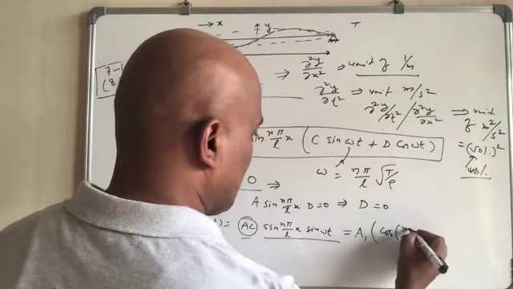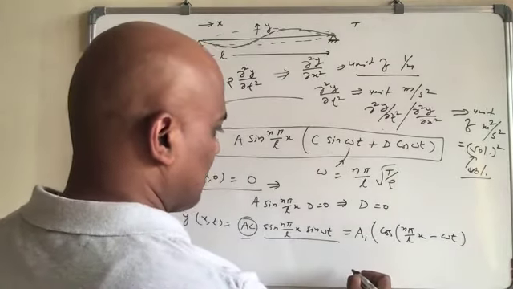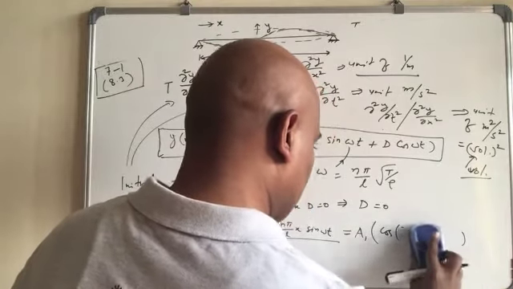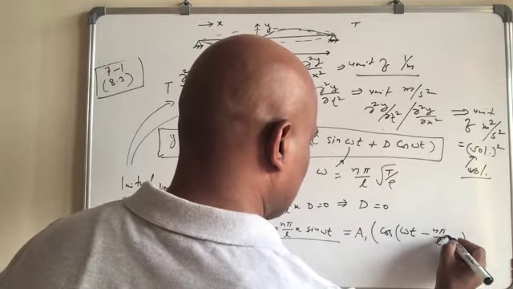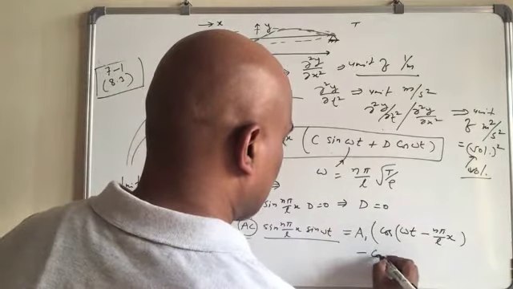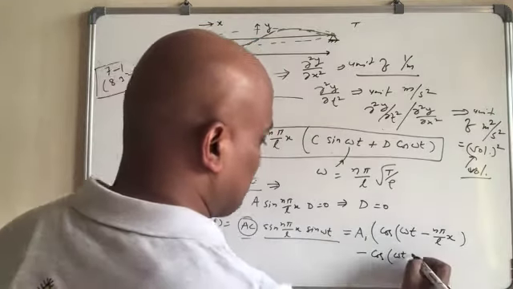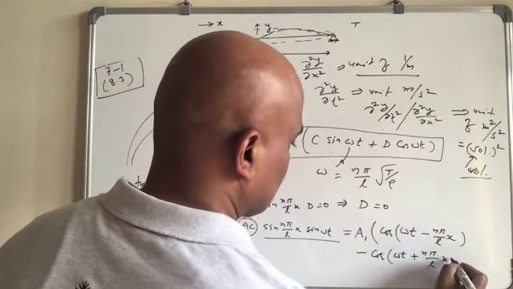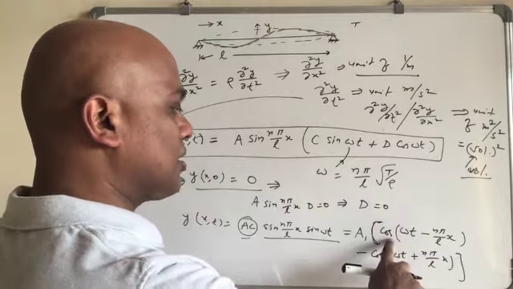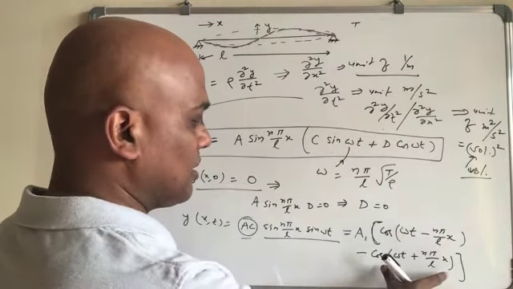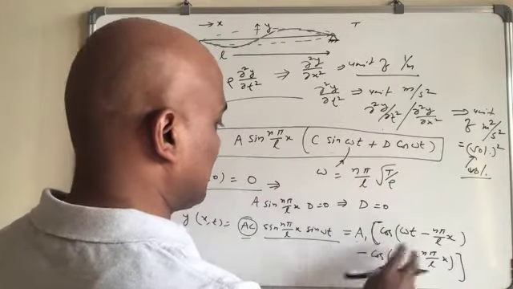So this will be cos of omega t minus n pi x over L, minus cos of omega t plus n pi x over L. So we have some equation like this, and then divide by 1/2 of that, which will take care of that. So this is the equation we get.